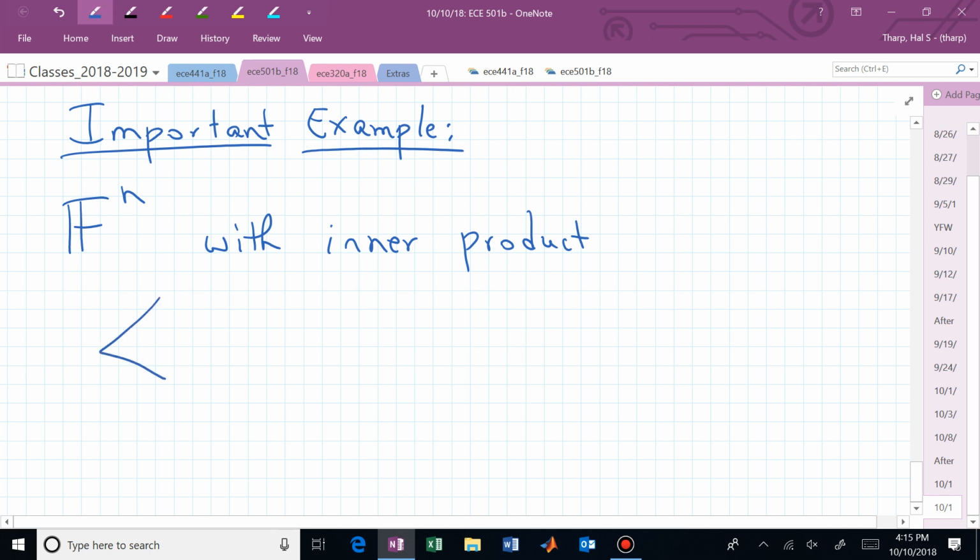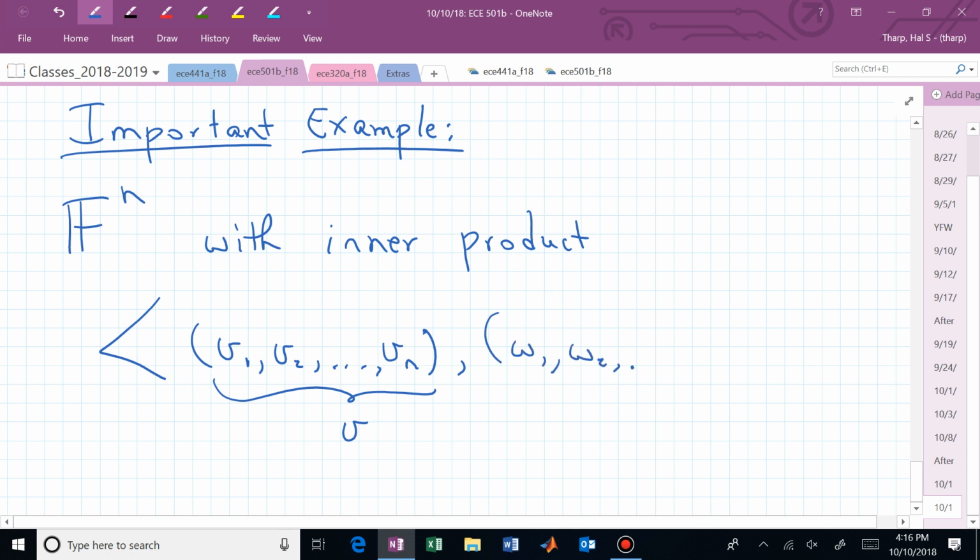So now if we have the inner product, and these v's are components of the vector v, so v1 is the first element, v2 is the second element, up to v sub n, that's in the first slot. So this is now the vector v, and then we have a corresponding w vector with its n elements.